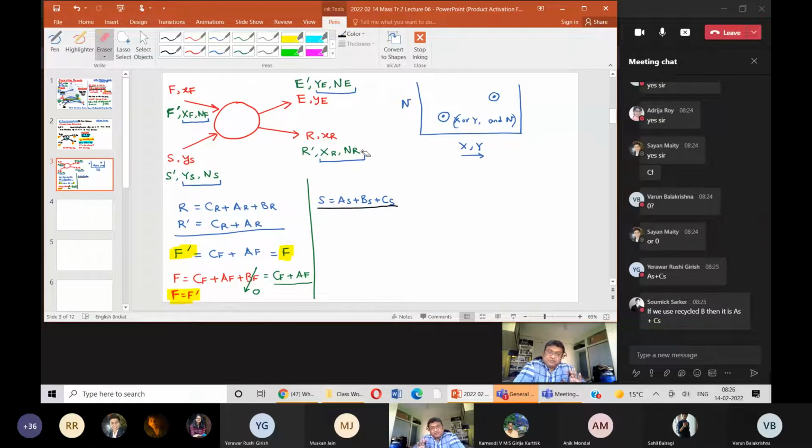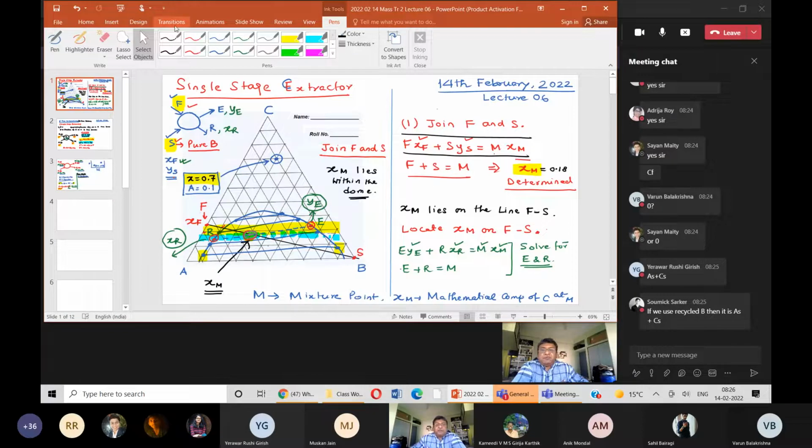Forget about it. Pure solvent. Most of the problems I have taught you is with pure solvent. Actually, life becomes very easy in the LEC6 system if you have some impurity. So we have a pure solvent. That's the reason in most cases the solvent point coincides with B. This is clear to everyone?